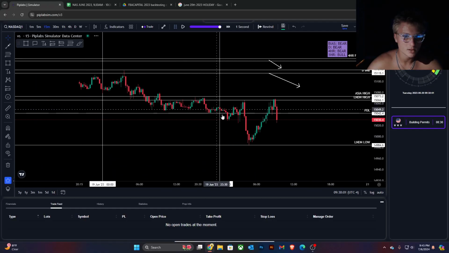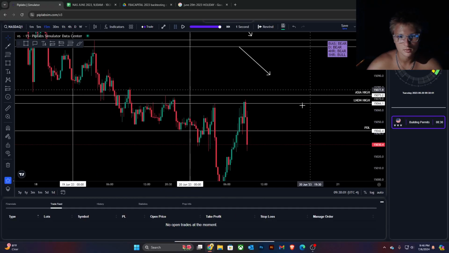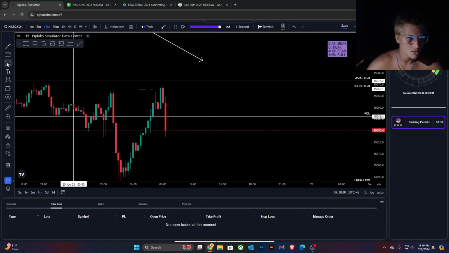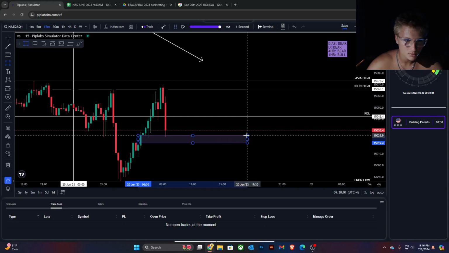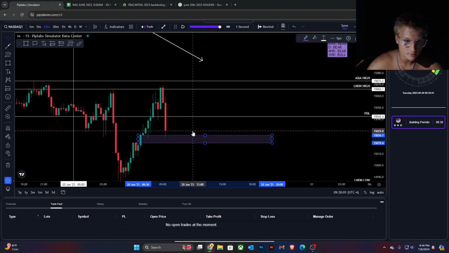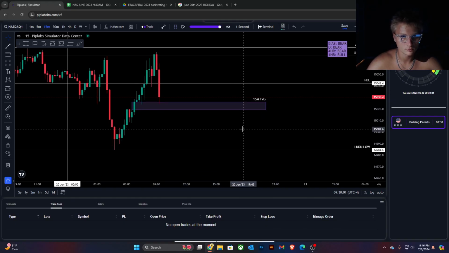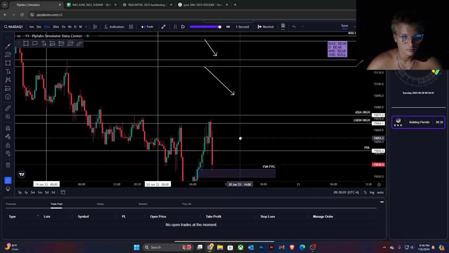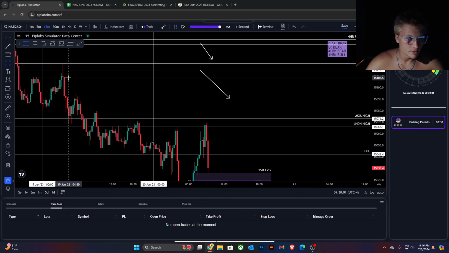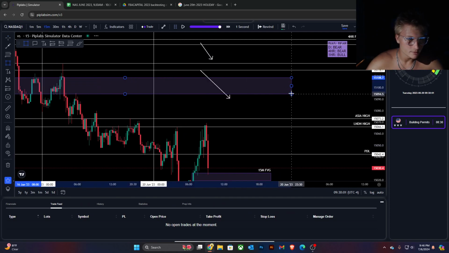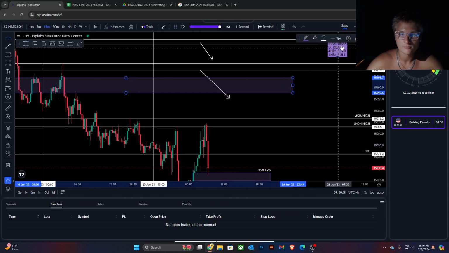On the 15-minute, let's see what's going on here. I'm gonna just mark up 15-minute gaps as well. Looks like we're reacting off a 15-minute gap right now. Up here, looks like we have another 15-minute gap right here.